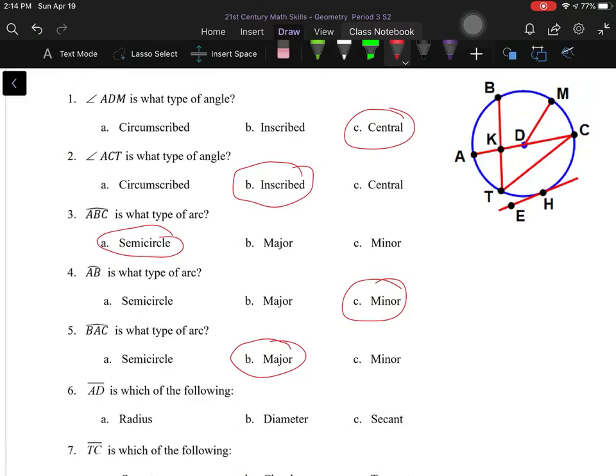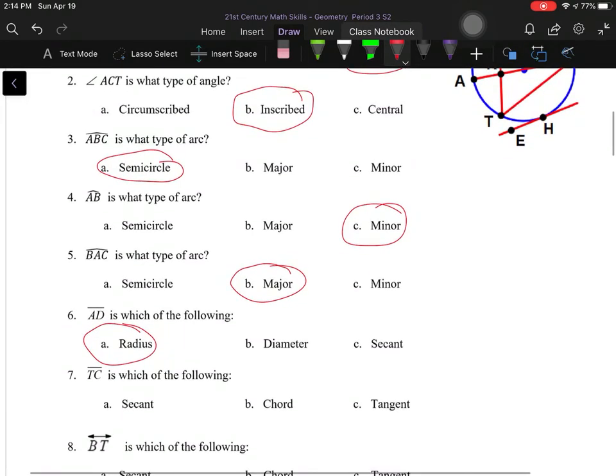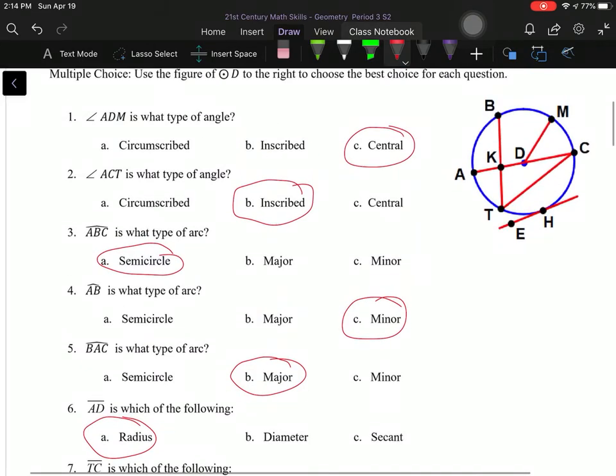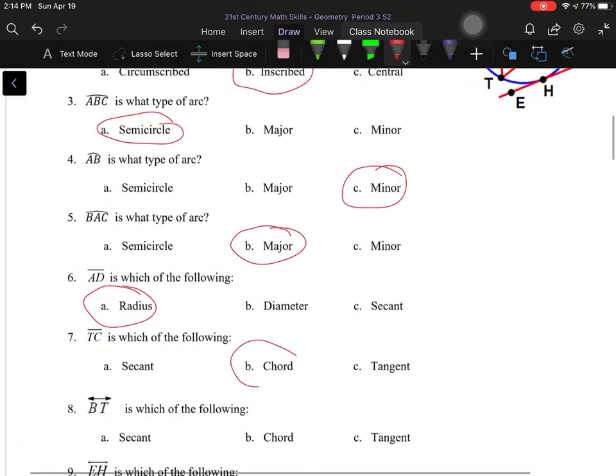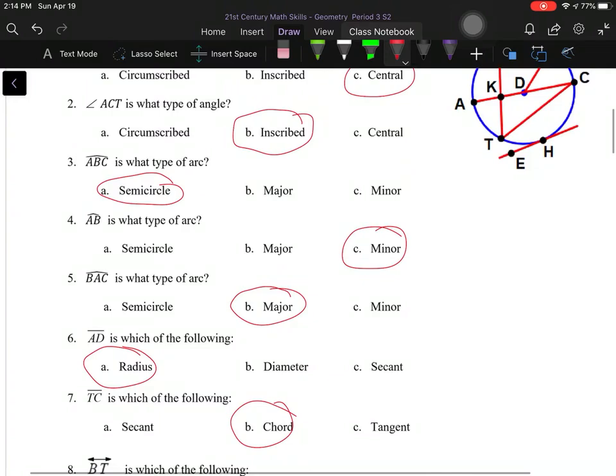Number 6, segment AD is a radius because it's half the diameter. Number 7, segment TC, that's a chord because it goes from a point on the circle to another point on the circle.